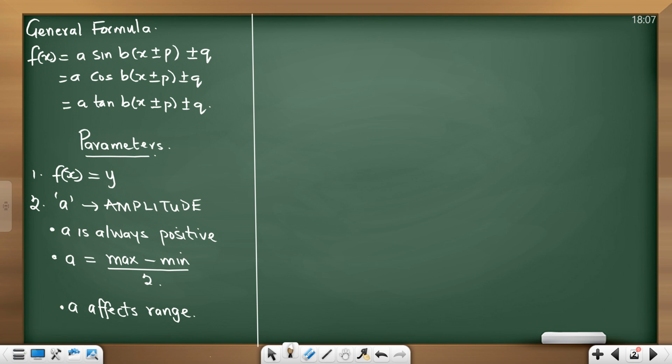Let's try something quickly. If I give you f of x is 5 sine x, what is a if you compare it with the general formula? A is still 5, right? What about f of x equals minus 5 sine x? What is a? A is still 5.